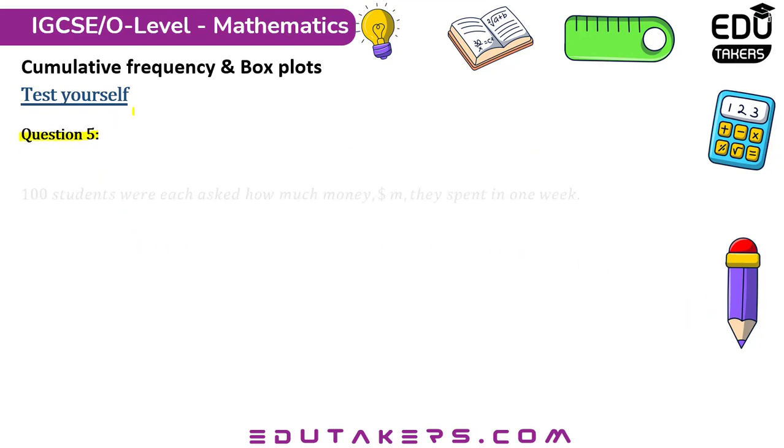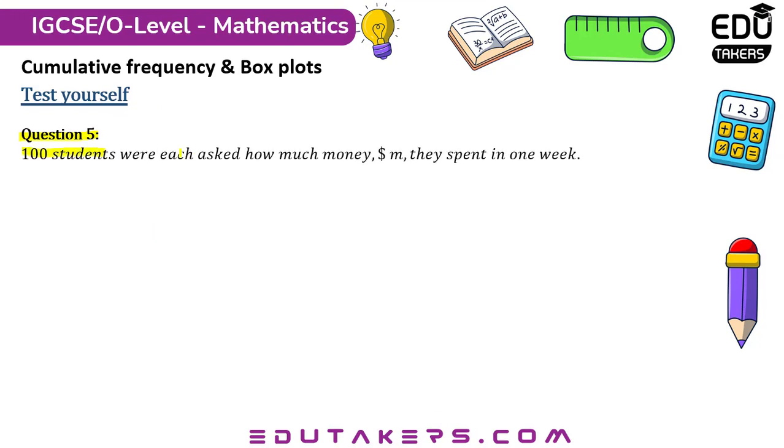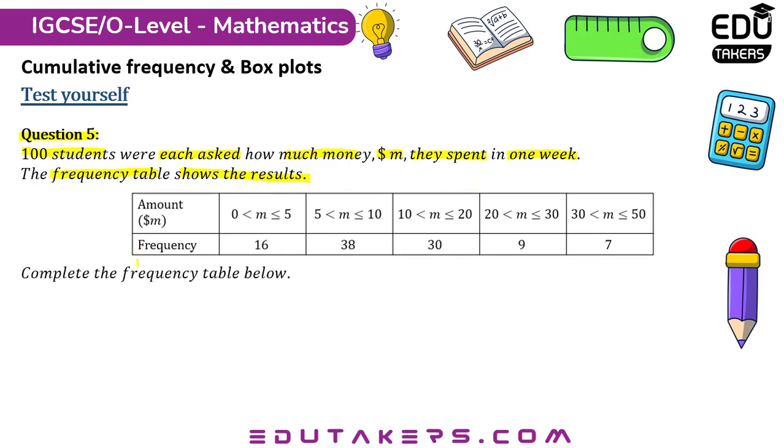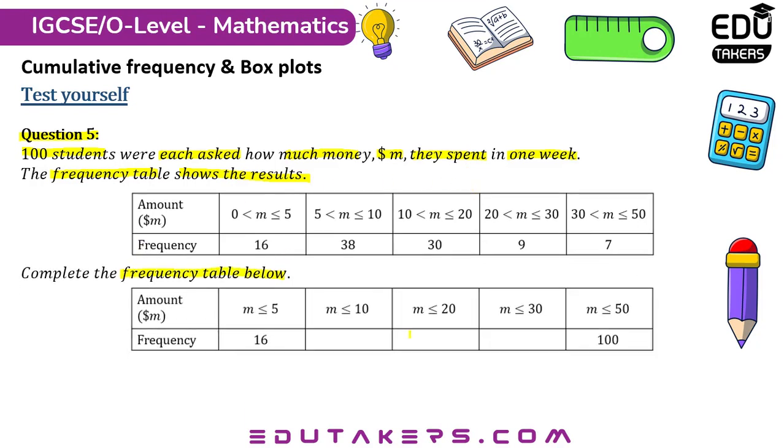Question number 5. 100 students were each asked how much money in $M they spent in 1 week. The frequency table shows the results. Complete the frequency table below is of 2 marks.